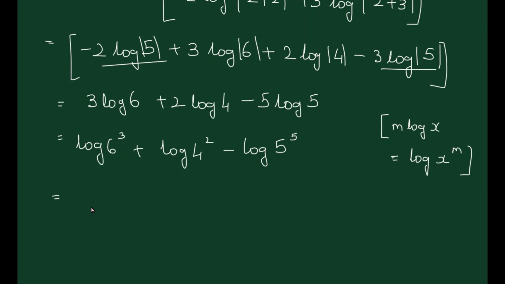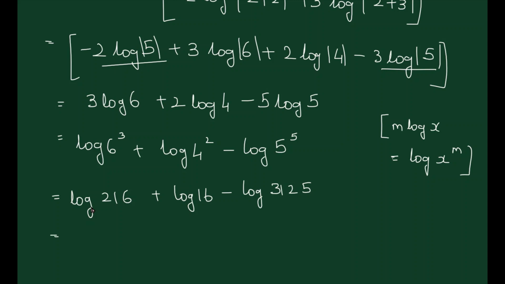Which is actually log 6 cube is log 216, plus log 4 square is log 16, minus 5 log 5 is log of 5 raised to 5. 5 multiplied 5 times gives us 3125.